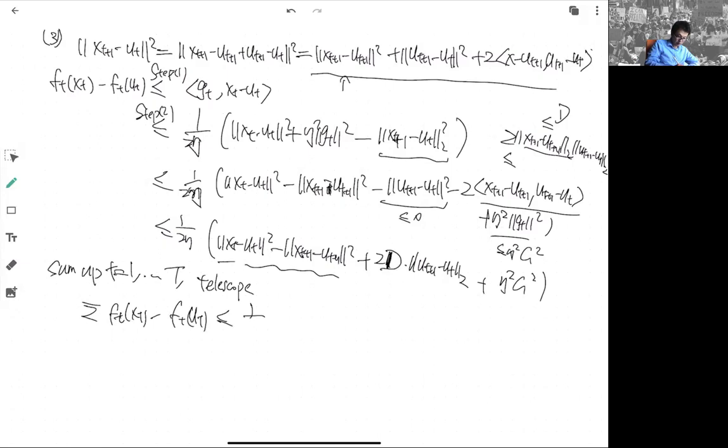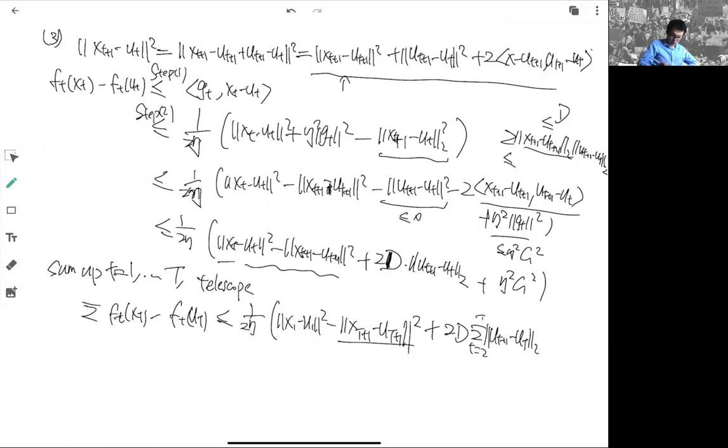And this is smaller than 1 over 2 eta, and everything got canceled out except for the first one and the last one, x_{T+1} minus u_{T+1}. So u_{T+1} is not really defined, but it doesn't matter because this term is negative. We're going to drop it anyways. And plus 2D times the sum of u_{t+1} minus u_t, sum from 2 to T, plus T times eta squared g squared.